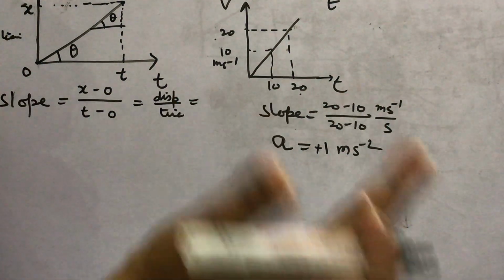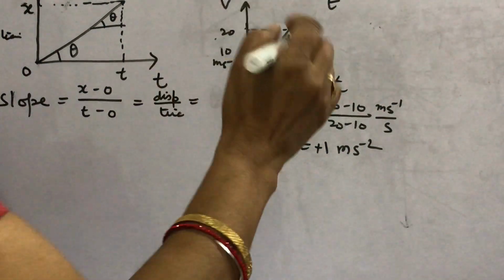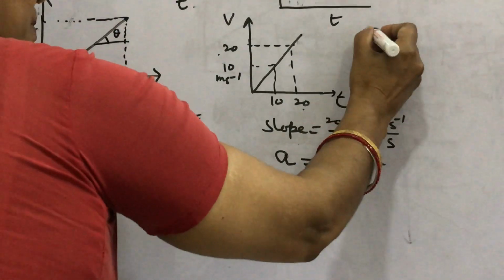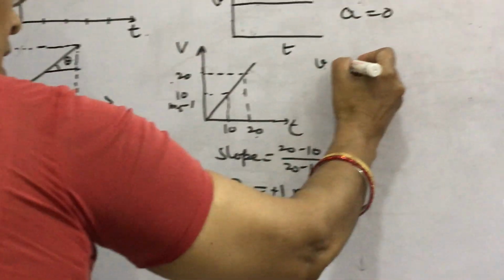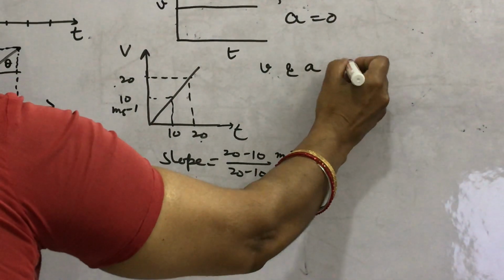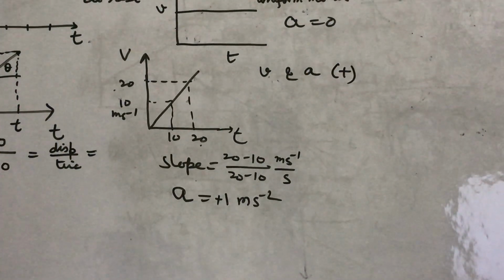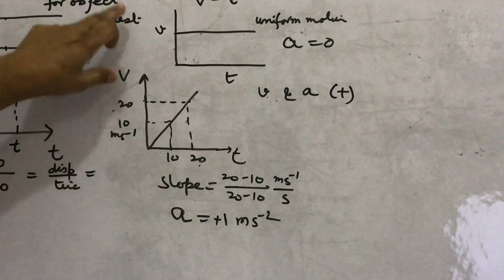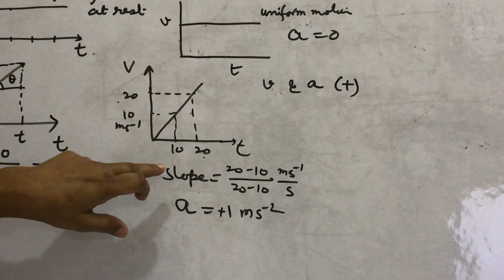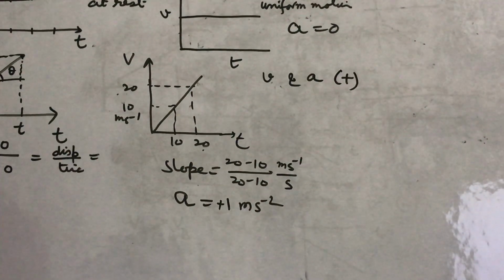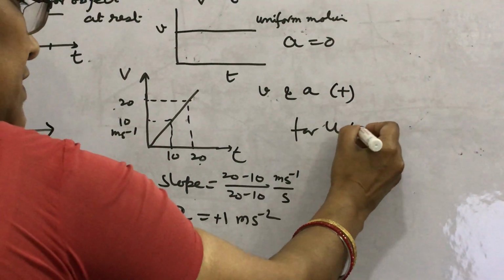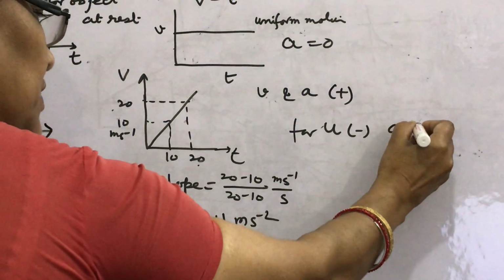Here also various conditions can be given, for example, plot the graph for V and acceleration both positive. Look, both are positive or not? We have shown here A is positive, V is on the positive side of the axis. Suppose you are told the initial velocity u is negative and acceleration is positive.